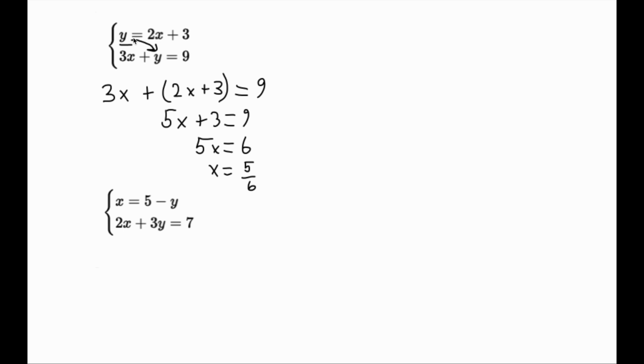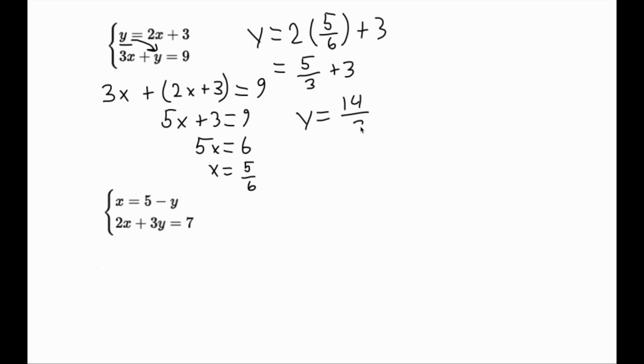Me personally, I think this top one looks a little bit easier, so we'll do that. y equals 2 times 6/5 plus 3. Now 2 times 6 divided by 5 is 12/5, plus 3, so y equals 27/5. All right, there's the first solution.